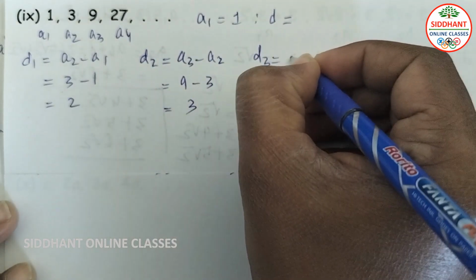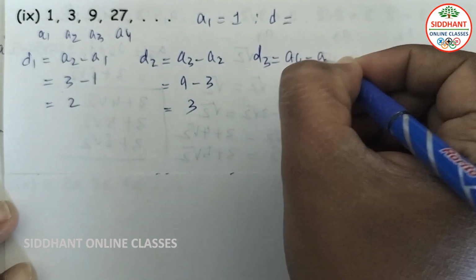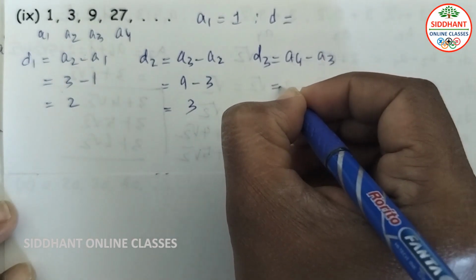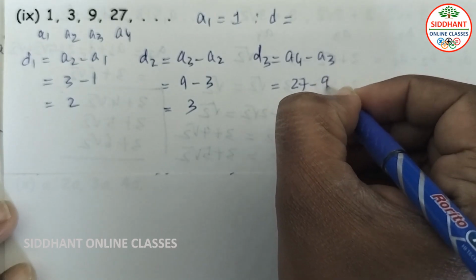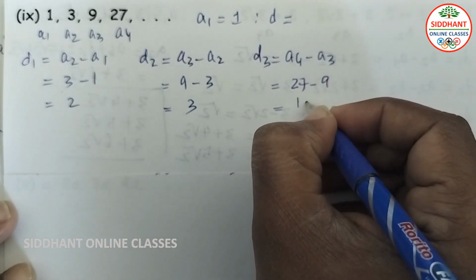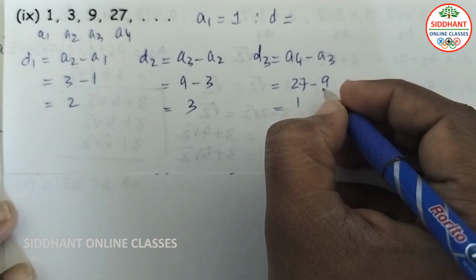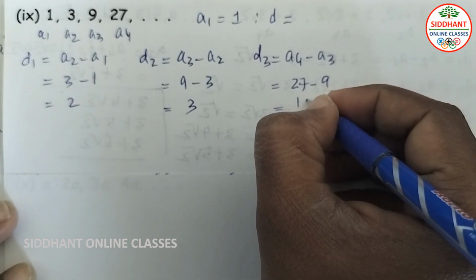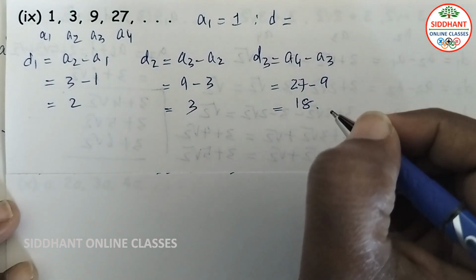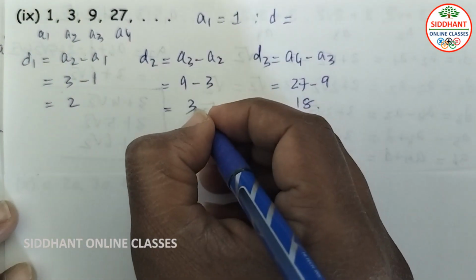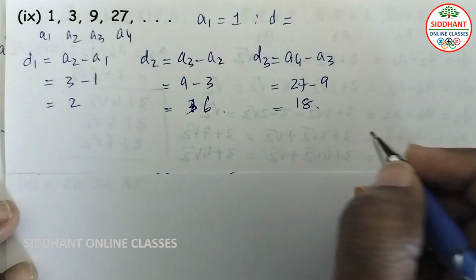D3, A4 minus A3, that equal to 27 minus 9, that equal to 18 here. So here 9 minus 3 it is 6 here.